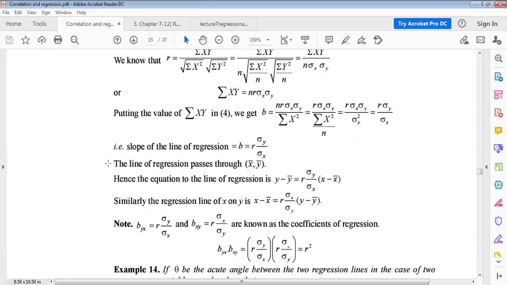So the slope of a regression line, b, can be represented as r sigma y divided by sigma x, where sigma y is the deviation of y and sigma x is the deviation of x.